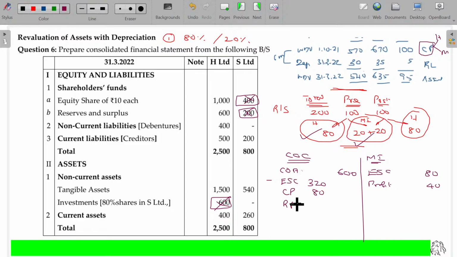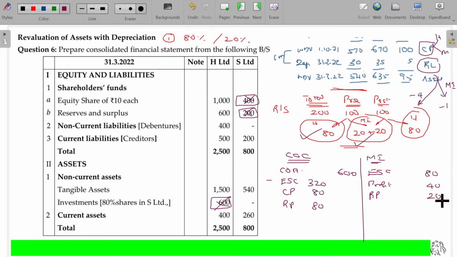Revaluation profit, how much? 100, out of that 80% is 80 rupees will be part of net worth. Revaluation profit for the minority interest being 20, and this revenue loss 80% for holding is 4 rupees, another 1 rupee will be adjustable here, minority interest.